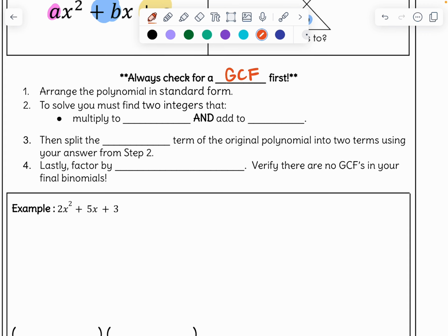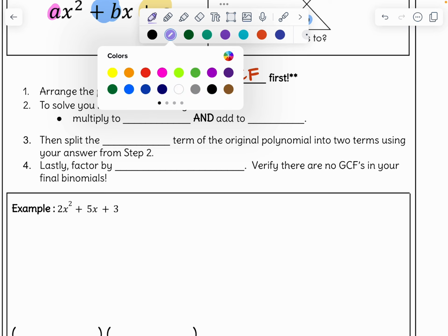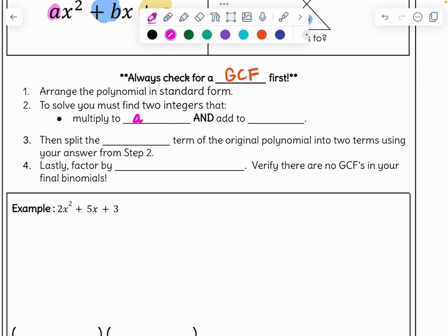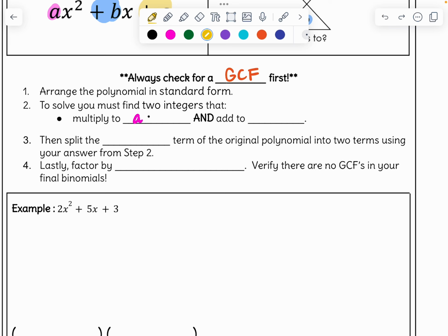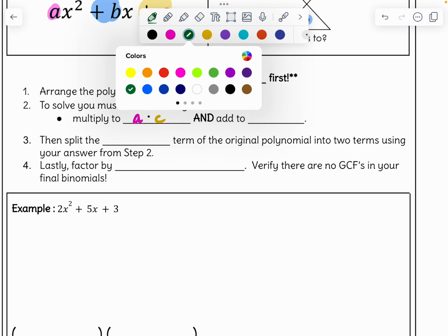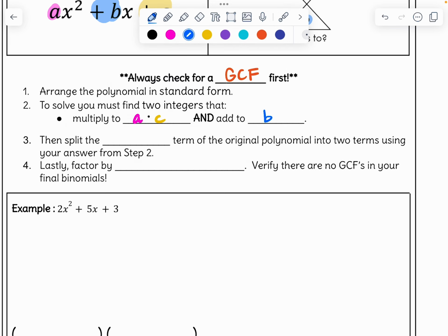To solve, you must find the two integers that multiply to A times C and add to B. Then you're going to split the middle term of the original polynomial into 2 terms using your answer from step 2. So now you'll have a 4-term polynomial, and you'll be able to factor by grouping.